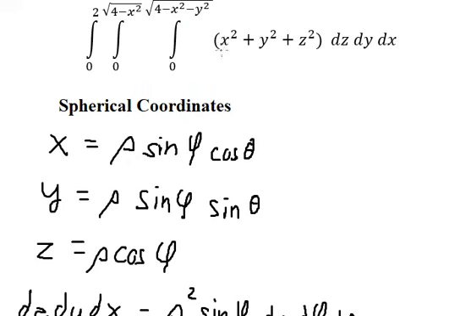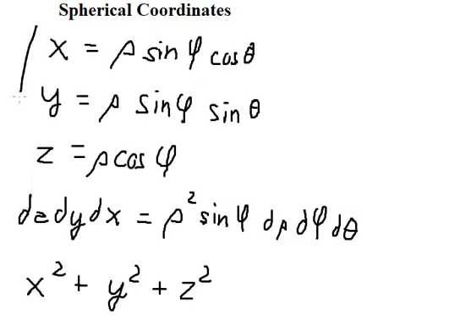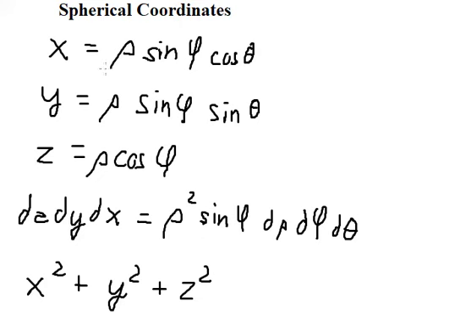Next, about x square, y square and z square. So we have this one in here. Now we put this one in here, this one in here, and this one in here.